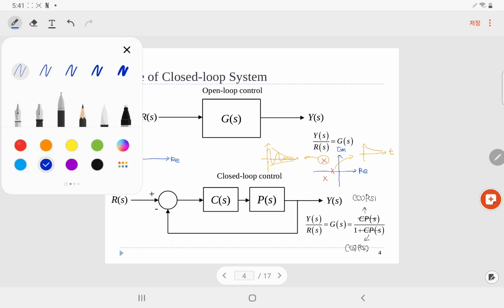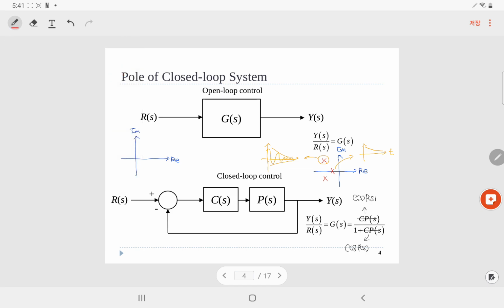Here we assume that the closed loop system poles are located in the right half plane like this. These two poles have an imaginary part, and this pole has only a real part, a positive real part.